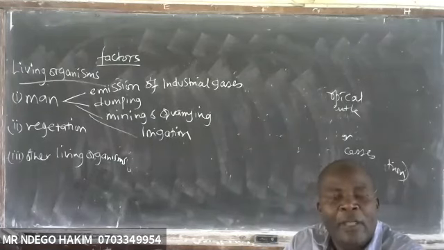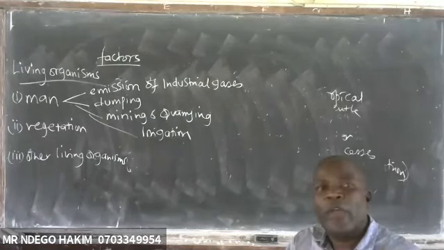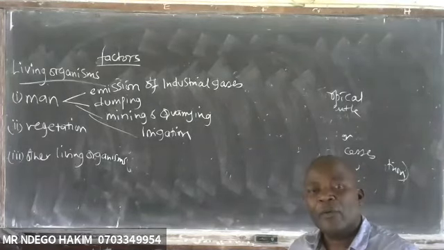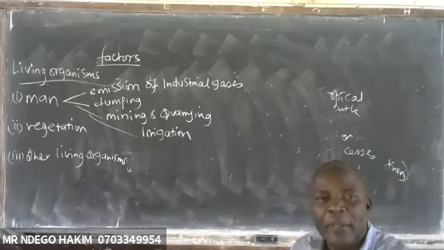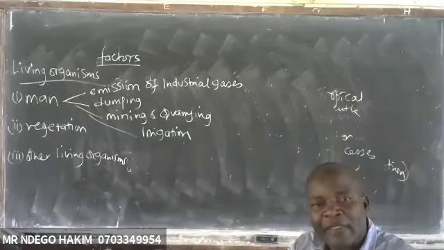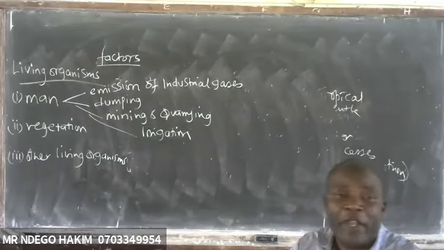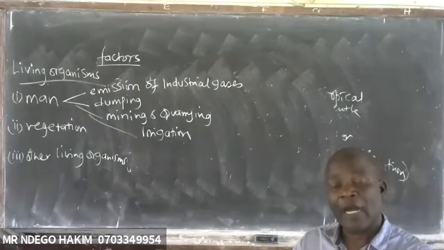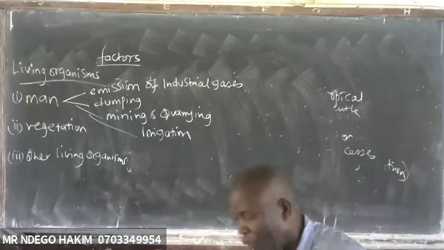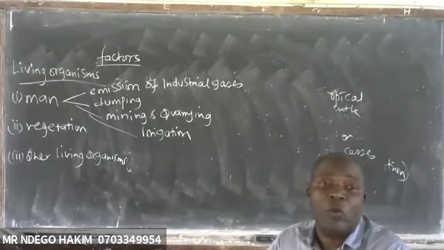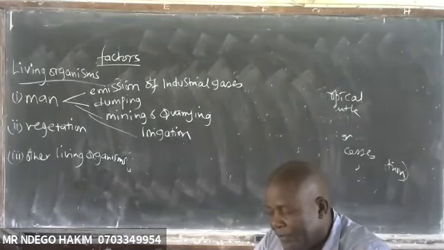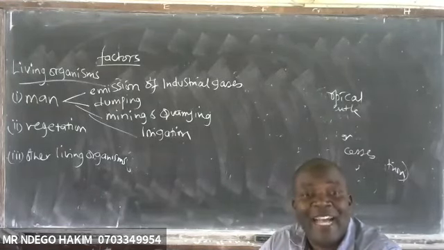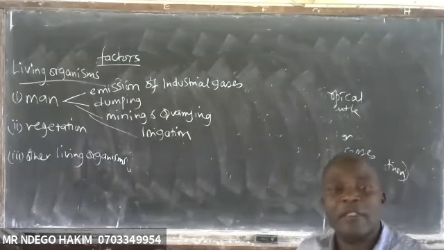Here, we are saying man, through emission of industrial gases in the atmosphere, increases acidity of rain, and this has accelerated chemical weathering processes like carbonation. And through dumping of industrial, domestic, and agricultural effluents on land and in water, it also increases acidity of the environment.